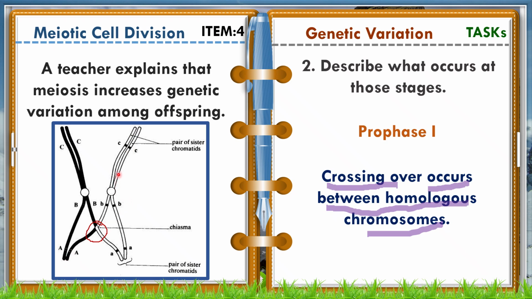This chromatid of this chromosome comes and crosses with this chromatid of this chromosome. And the point where they cross here is what we call the chiasmata. So that happens in prophase 1. In prophase 1, crossing over occurs between the homologous chromosomes.